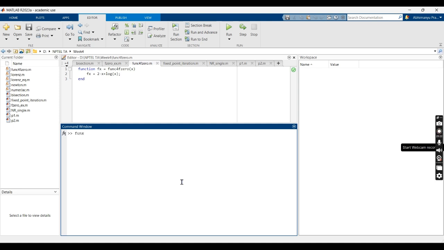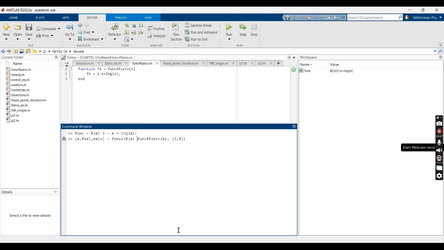We'll just create a function handle: 2 minus x plus log of x. So this is my function handle. In this case, I need not make a function file, and I can simply run fzero on this part.